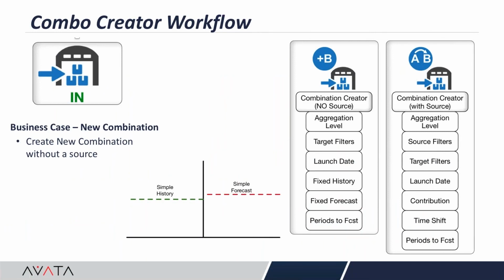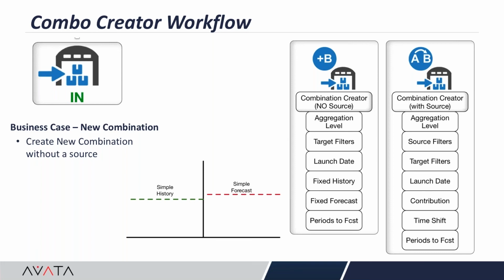As you can see, the combo creator creates the combos at any chosen aggregated level and is a one-and-done approach without any source providing history. You could potentially enter fixed history and forecast amounts as required.